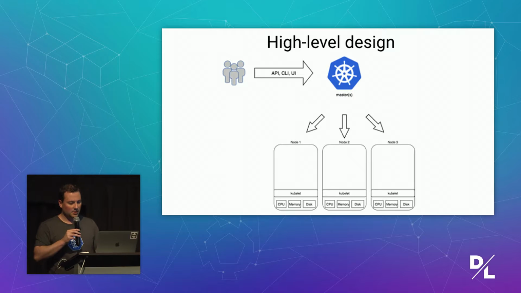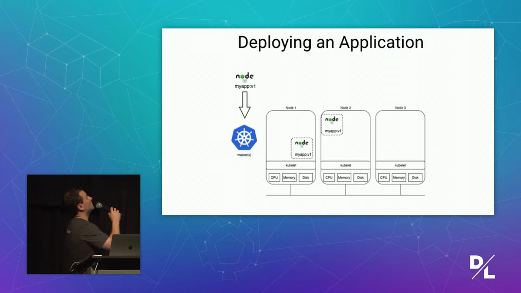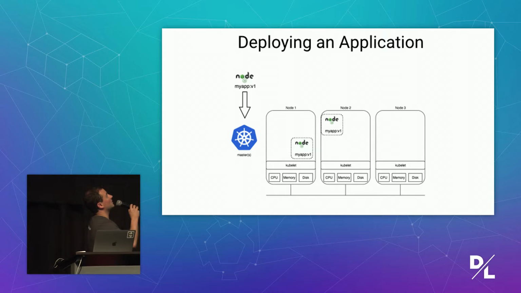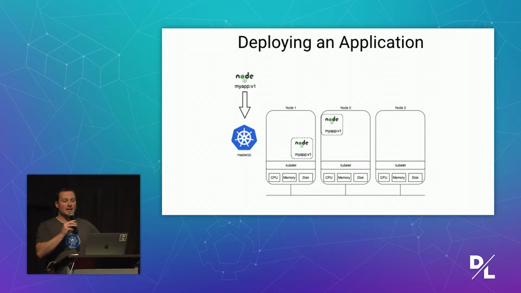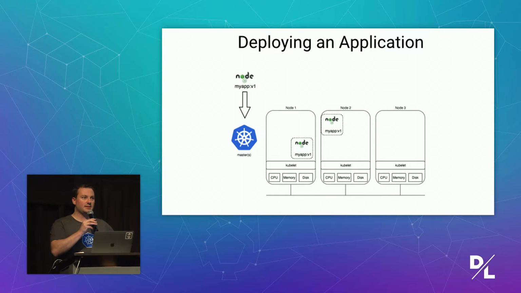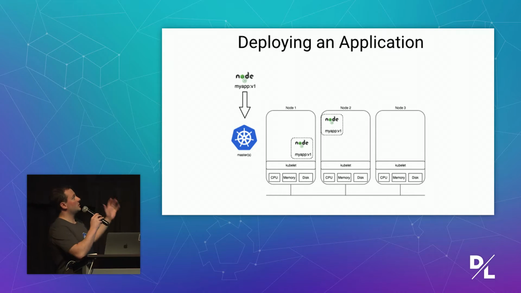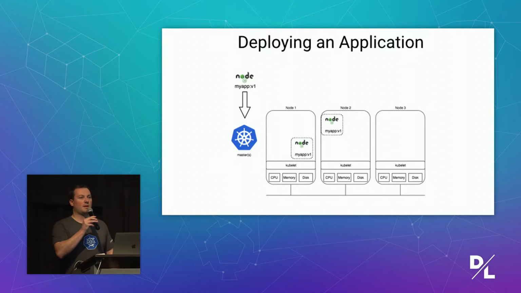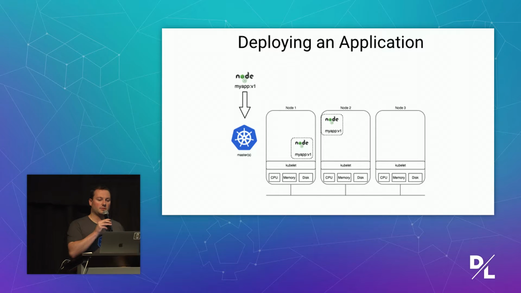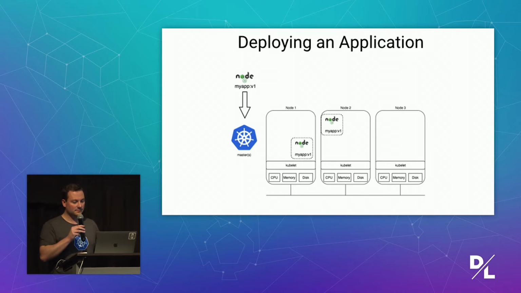So what does it look like when we want to deploy an application? I've got a Node.js application, my app v1, and I can ask Kubernetes, hey, Kubernetes, I would like to run 2 instances of my Node application, call them my app, and I want 2 instances of version 1. Kubernetes will look at the nodes that it has available, realizes they're completely empty, so it starts 2 instances of my app, dynamically spreading them out across the two different systems.